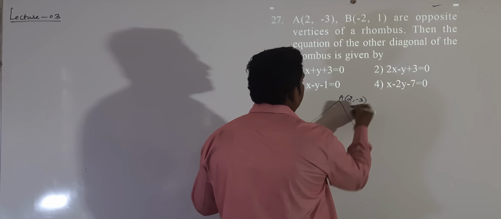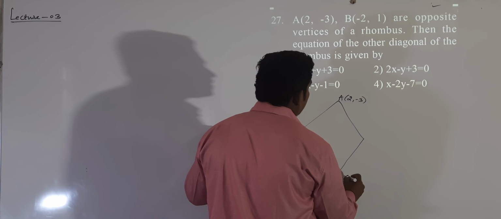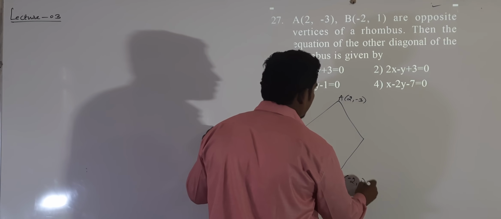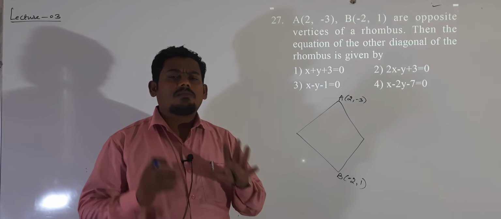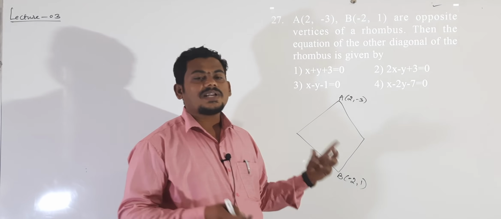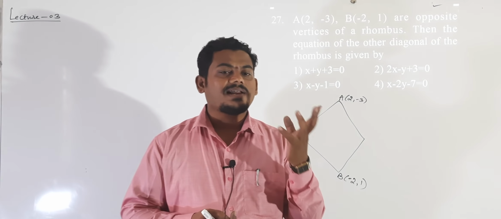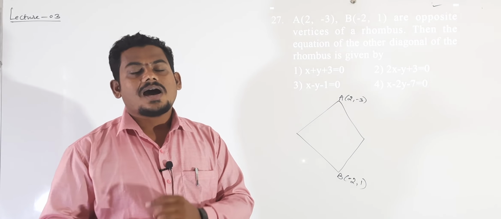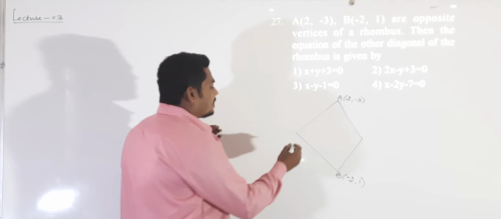2 comma minus 3, right? And one more point is minus 2 comma 1. In any quadrilateral, diagonals intersect at the midpoint, either it is a square or rhombus or parallelogram or a rectangle.